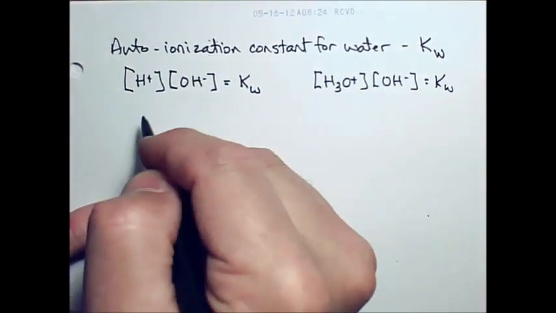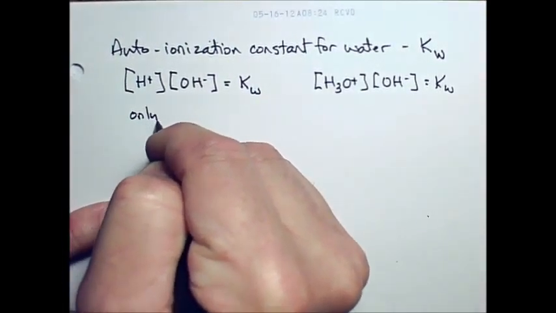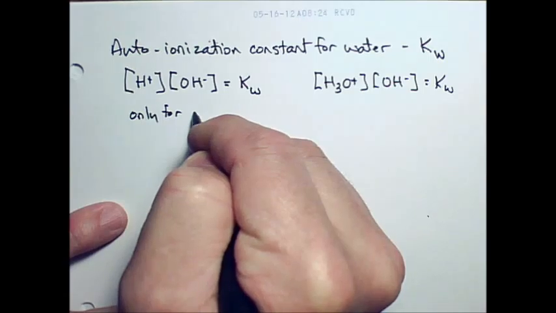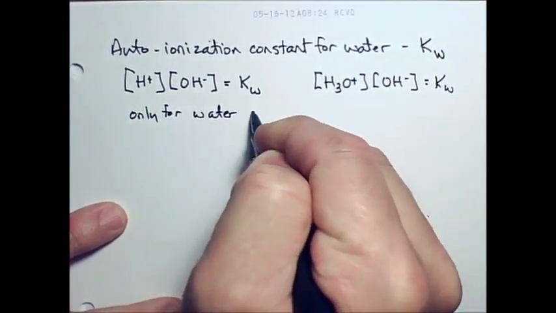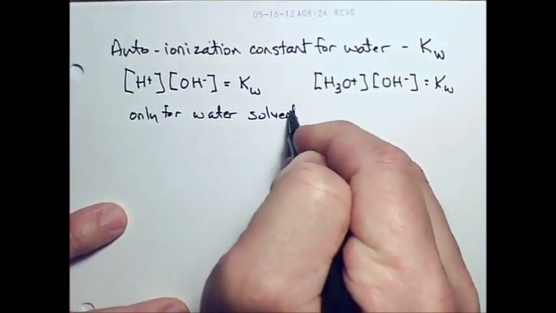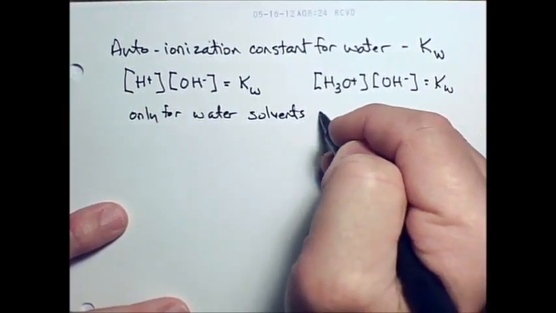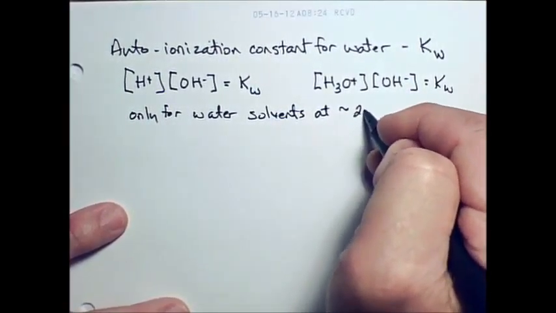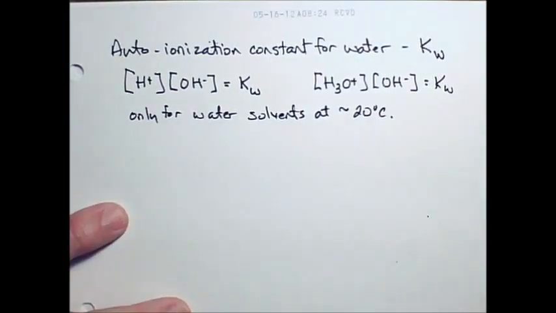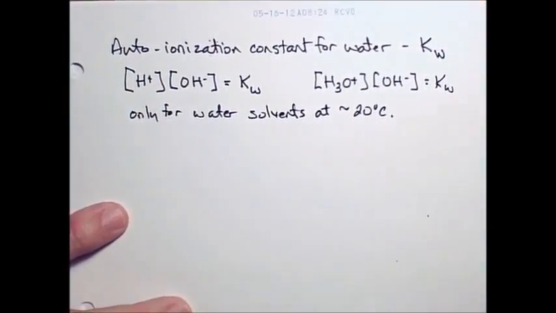So this is only for water, at about 20 degrees centigrade or Celsius. But that's all we're going to be working with in here, is water at 20 degrees Celsius. That's roughly room temperature, slightly cooler than average room temperature.